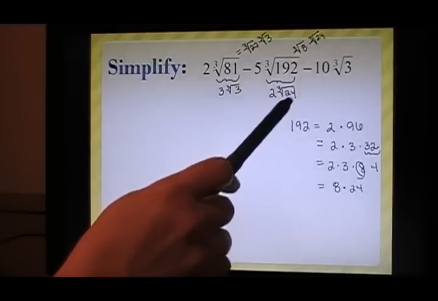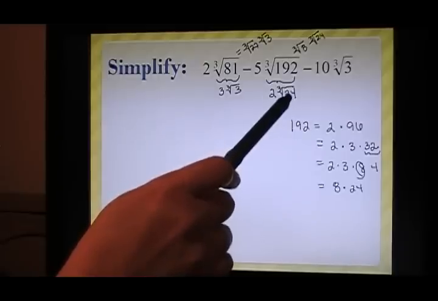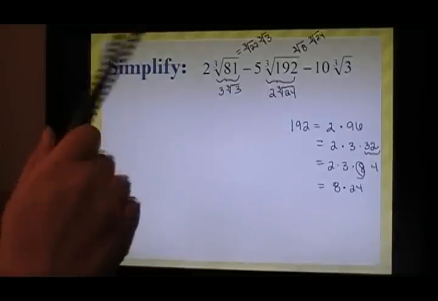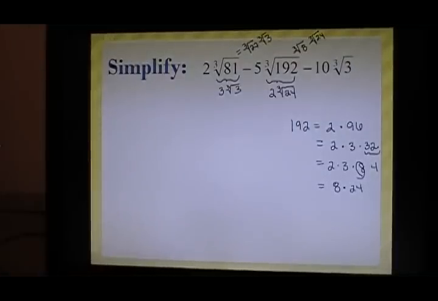Hopefully you know when you look at 24 that it's divisible by 8, and we've already talked about 8 being a perfect cube. So this would not be acceptable as simplification because it is still divisible by another perfect cube. So coming back down here, I'm just going to write this as 8 times 8 times 3.